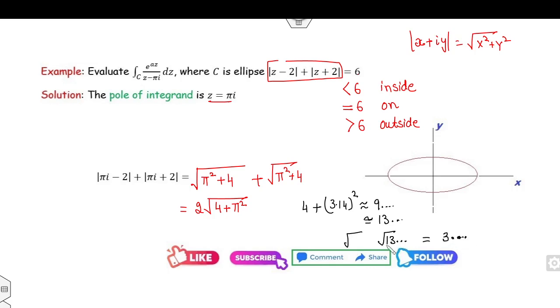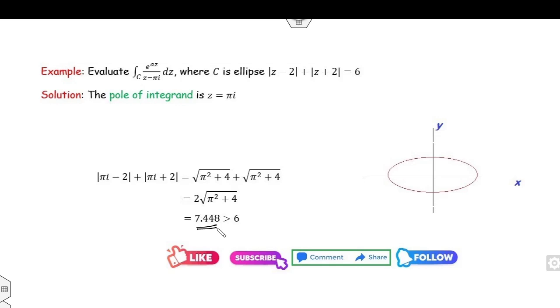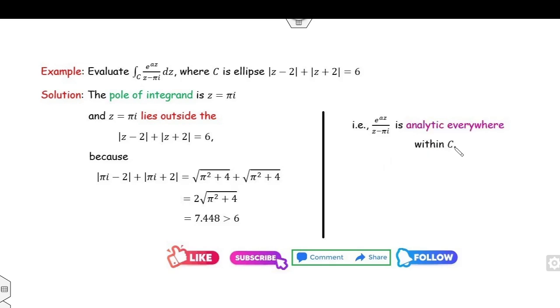If you multiply the 3 point something by 2, that will give you 6 point something, and that is more than 6. Fine. And once it is greater than 6, that means the point lies outside the ellipse. And once it lies outside, what is the meaning of this case? The integration is 0, which is the right answer of the problem.